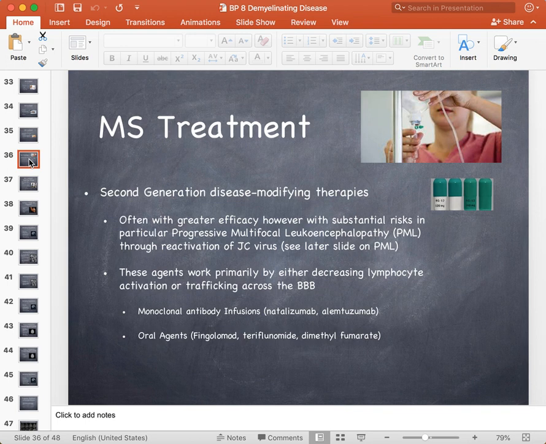My understanding of the first-generation agents is that they affect that cytokine cascade, right? And the second-generation agents, there's some variability, but they deal with everything from lymphocyte activation to trafficking across the blood-brain barrier.